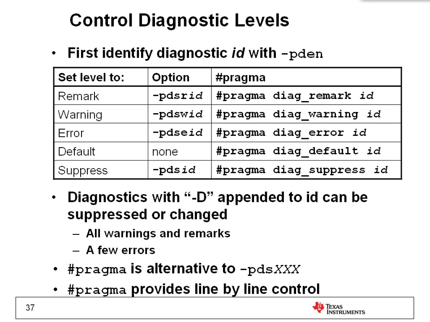That's for the case where you want to temporarily change the handling of a diagnostic for one function or a few lines, and then you want to set it back to its normal handling. You can say pragma diag error, whatever the number is, have a couple of lines of source code, and then pragma diag default. If you want to see this in detail, there are some slides in the backup section of this slide set where it gives you an example of doing that. I'm not going to have time to go through it in this particular run through the talk.